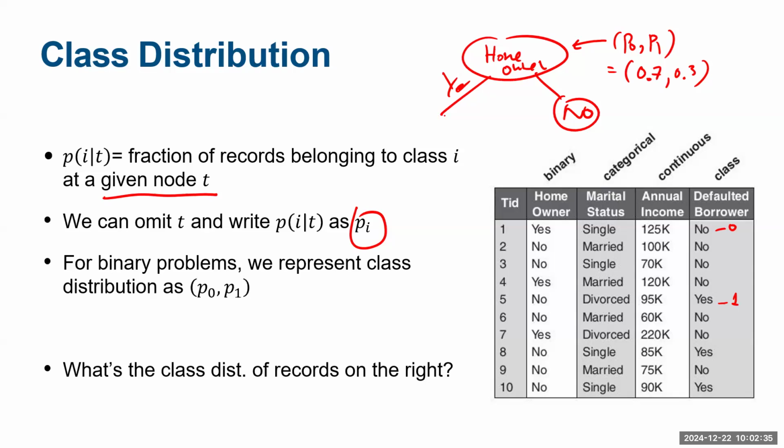Now, after you split homeowner to yes and no, on the yes side, what is the distribution? On the yes side, I only look at these three, they have 3 no. So it's 0, 1. Oh no, it has to be 1, 0.